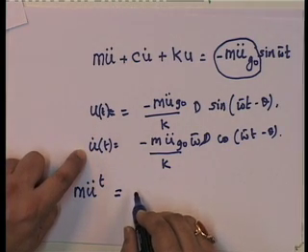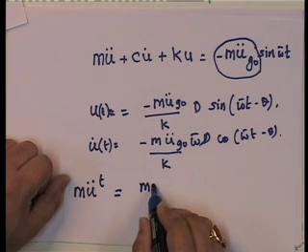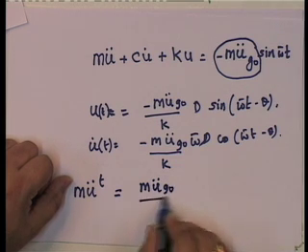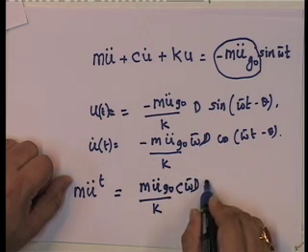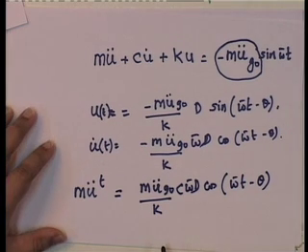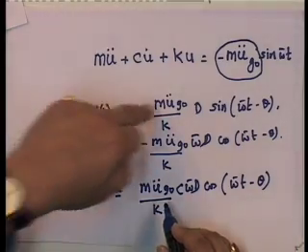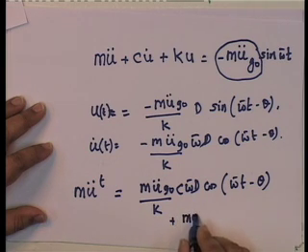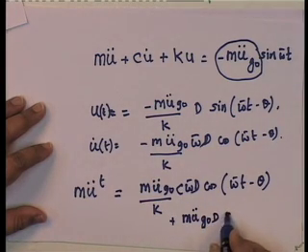Okay, so this is minus this, so it becomes essentially m u g 0 upon k c omega bar d cosine omega bar t minus theta, right? Then minus Ku, so this will be minus this, so this becomes plus again, plus m. K and K cancel each other out, so this becomes this into.